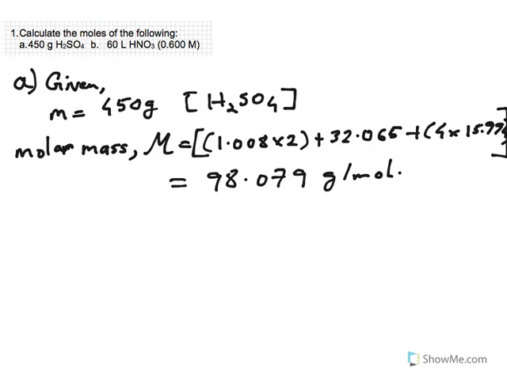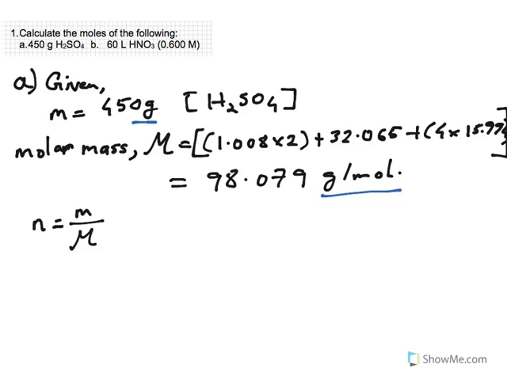Next, for finding moles, we don't really have to remember the formula that mole is equal to mass over molar mass. Because if we look into the units for the information that's given to us, we can simply figure this formula out. For mass, we have grams and our molar mass is in grams per mole.